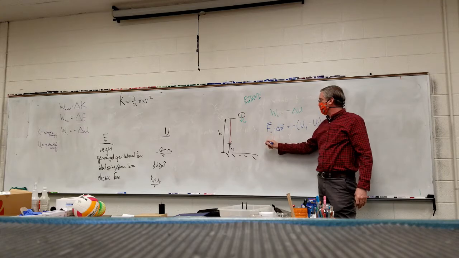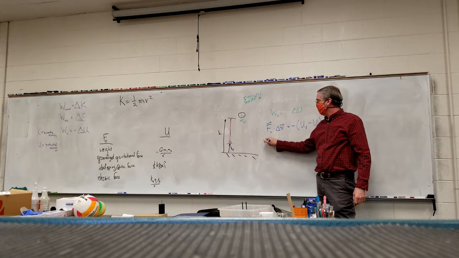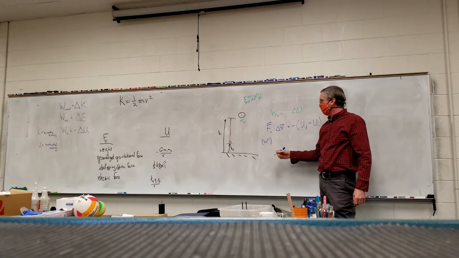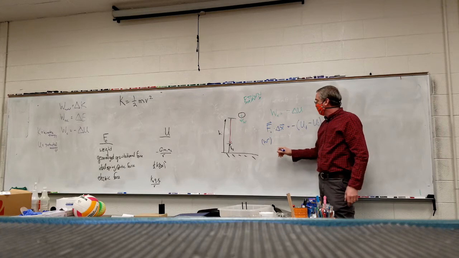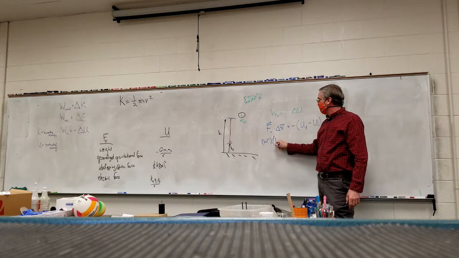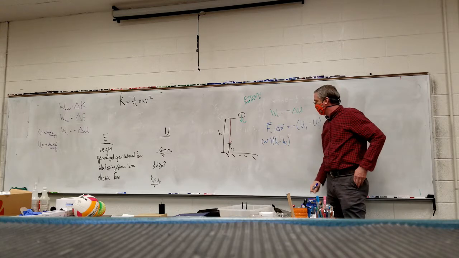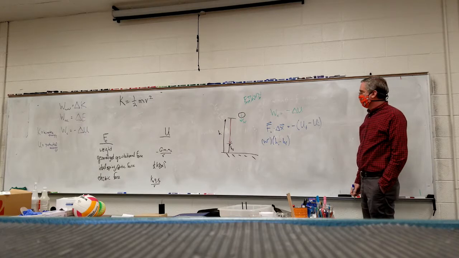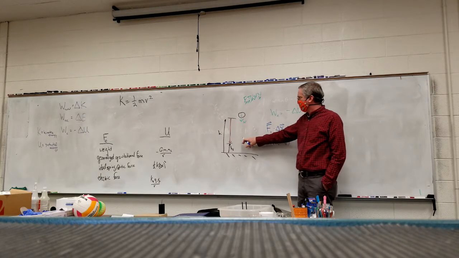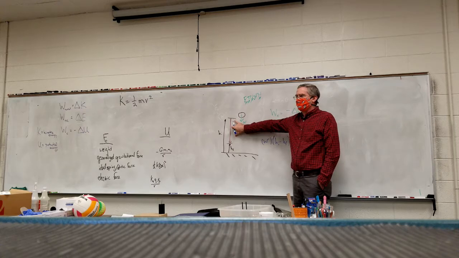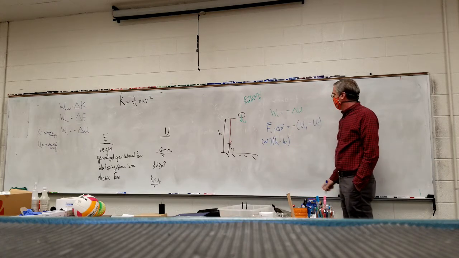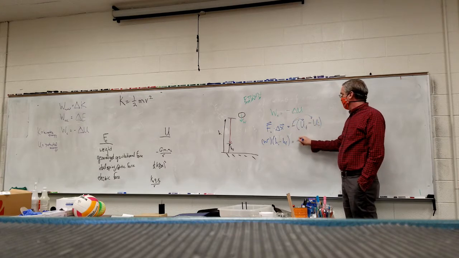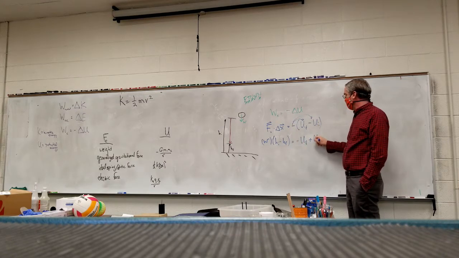Since the force and the displacement are in the same direction, I'm just going to multiply them. Weight times h initial minus h final, because I'm looking for a positive distance here. So that's equal to negative, distributing the minus sign, negative U final plus U initial.